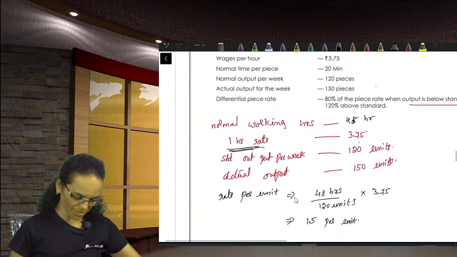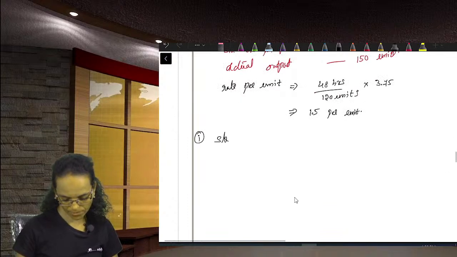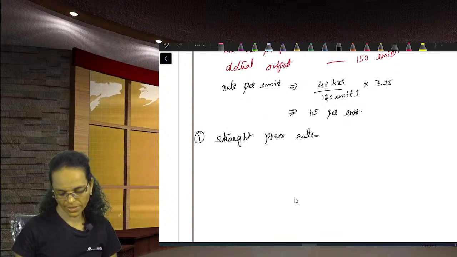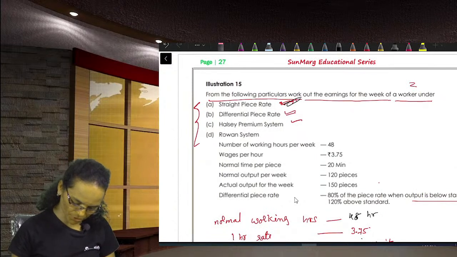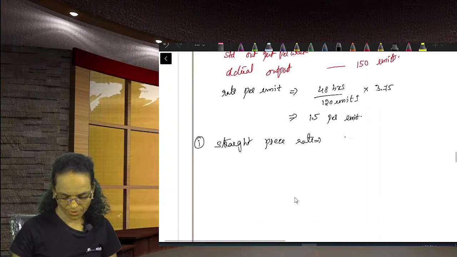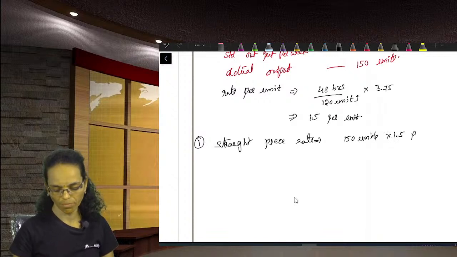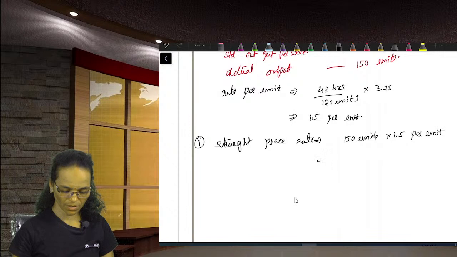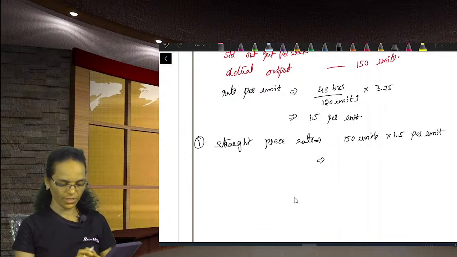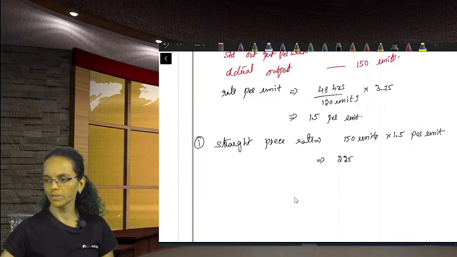So under straight piece rate, how many units he produced? He produced 150 units into rate per unit 1.5. So 150 into 1.5 is nothing but 225 rupees.